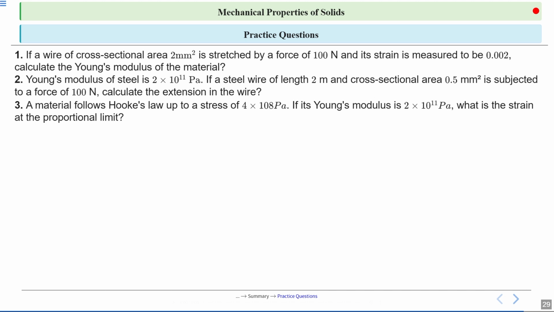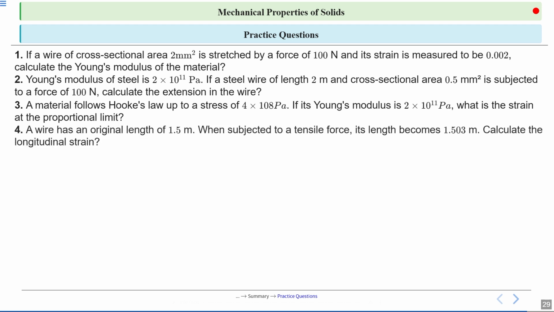A material follows Hooke's law up to a stress of 4 into 10 raised to the power 8 Pascal. If the Young's modulus is 2 into 10 raised to the power 11 Pascal, what is the strain at the proportional limit? A wire has an original length of 1.5 meter.